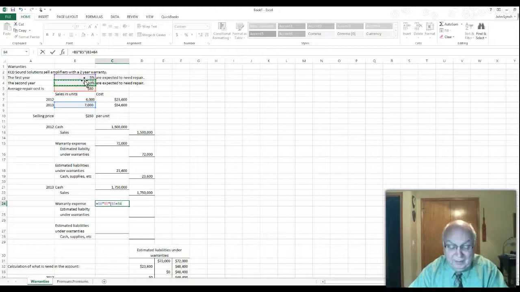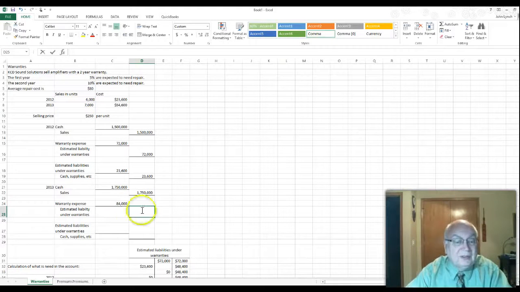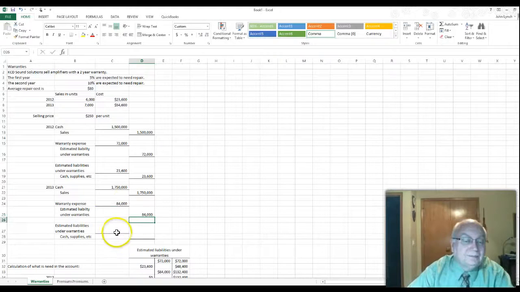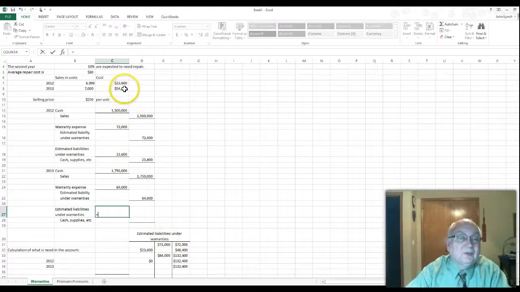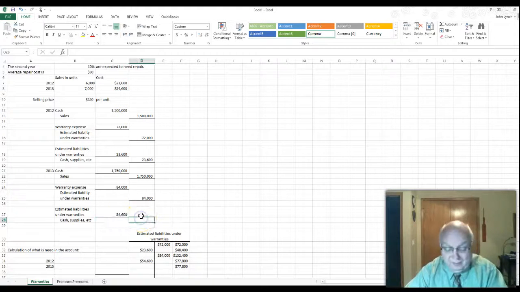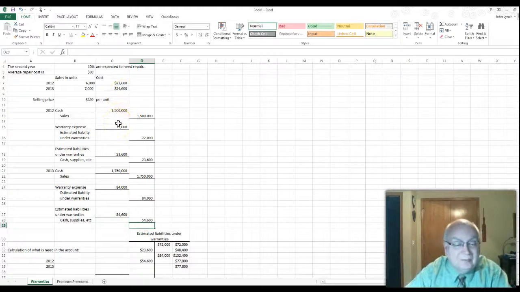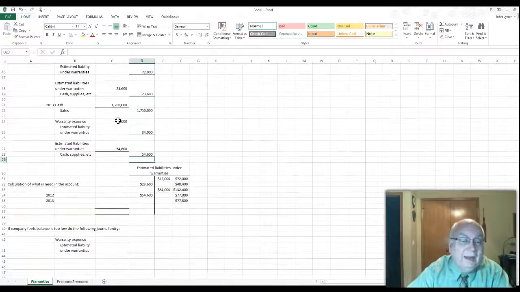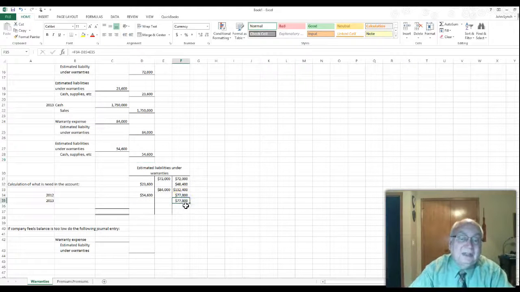Remember, we have both of them coming in over the 2 years because it's a 2-year warranty, and that gives us $84,000. Then this entry is to record the actual repairs we had in 2013. You might think it's higher, but remember 2013 is part of 2012's second year. So right now we have $77,800 in the estimated liability under warranties.